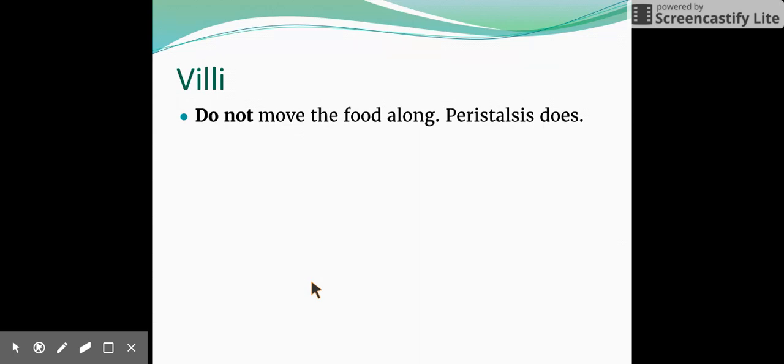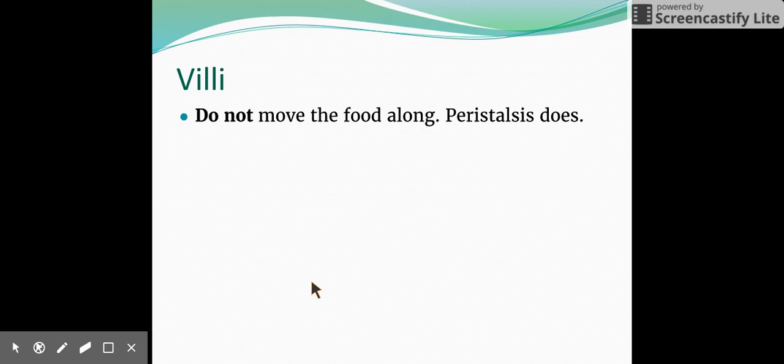Now, what does move food through the small intestine and all of the alimentary canal is a muscle contraction called peristalsis. Peristalsis is a muscular contraction. It acts in kind of a wave-like motion where you squeeze the top end, pushing the food down, and then it slowly closes and opens, pushing that food throughout the alimentary canal.